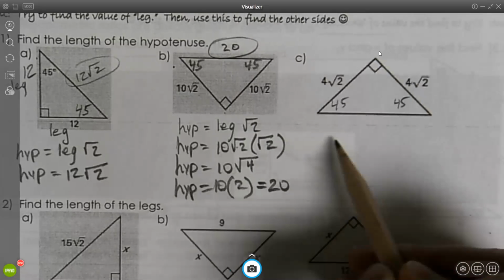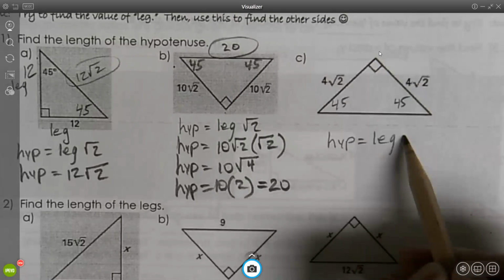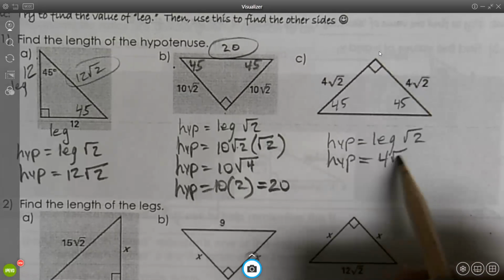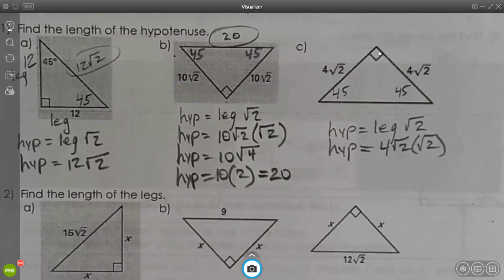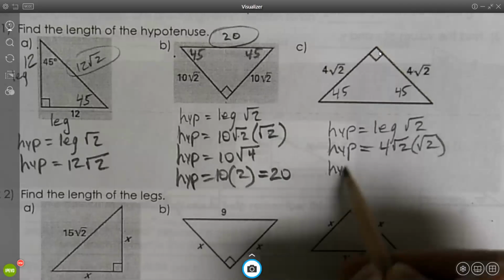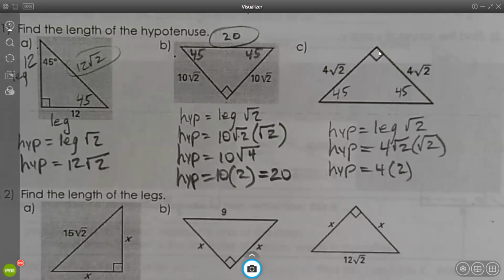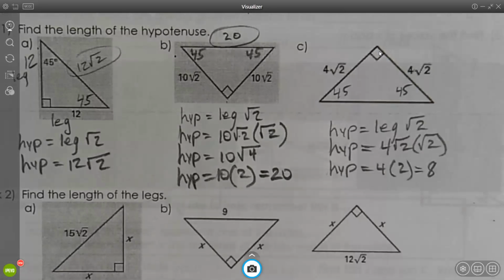The hypotenuse is going to equal the leg times root 2. To calculate, we want to multiply that leg by root 2, which is going to give us 4 times 2, because root 2 times root 2 is 2, which equals 8.